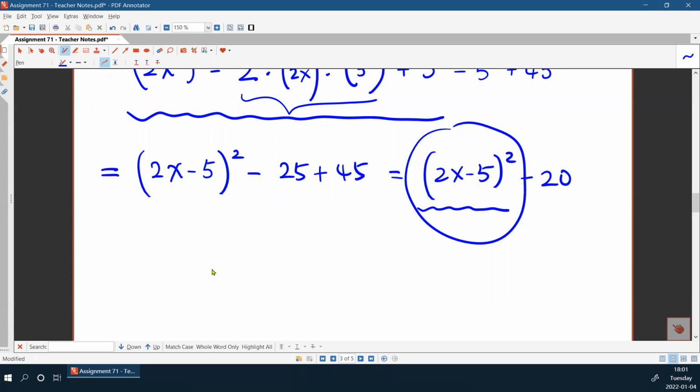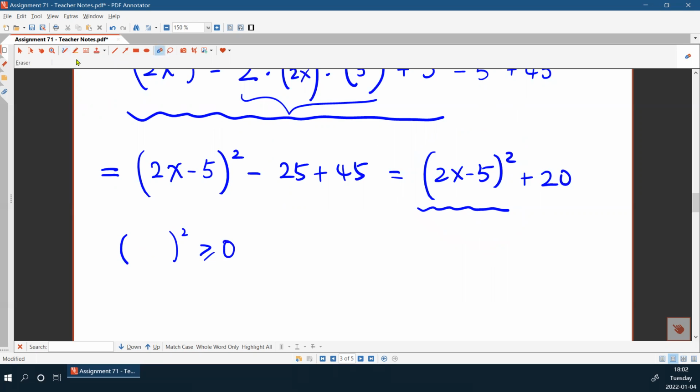So 0 is smaller than 25, right? So what is the smallest possible value of the first part? Negative 20? It can't be. Something squared, as long as this number is a real number, is always greater than or equal to 0, right? So the smallest possible value of the first part is 0, right?